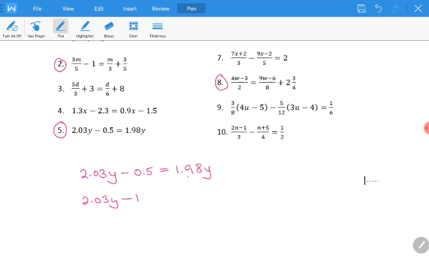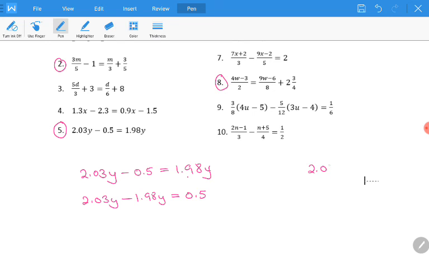So it's going to be minus 1.98y is equals to negative 0.5, which is going to go to the right hand side and is going to become positive. So minus 0.5.